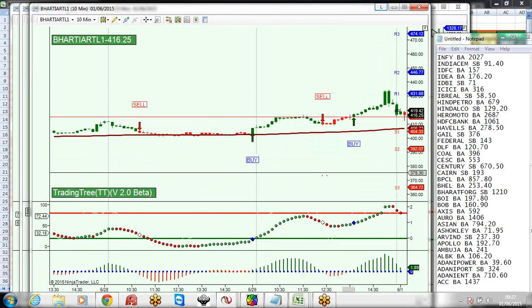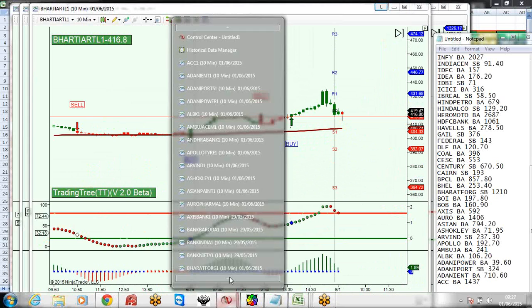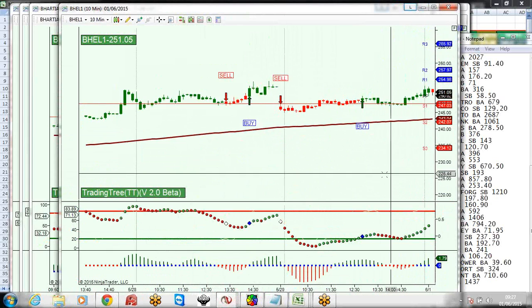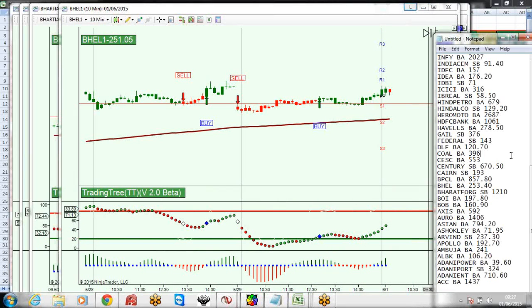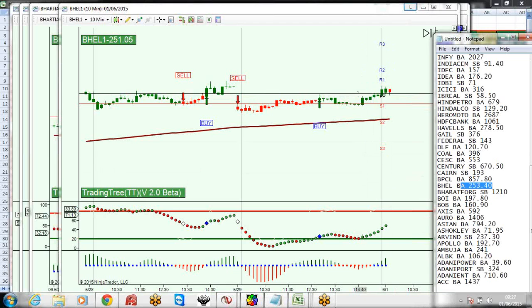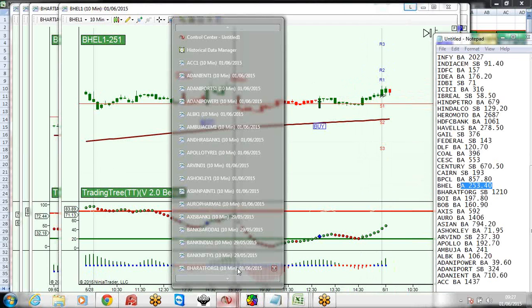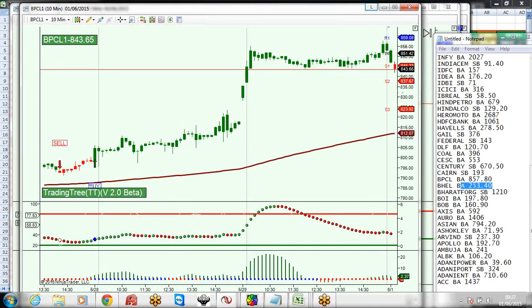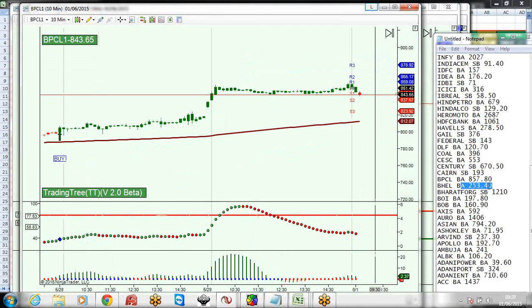Bharti Airtel, we should get a sell call here. BHEL buy above 253, which has not happened still. BPCL, we had a buy above 857.